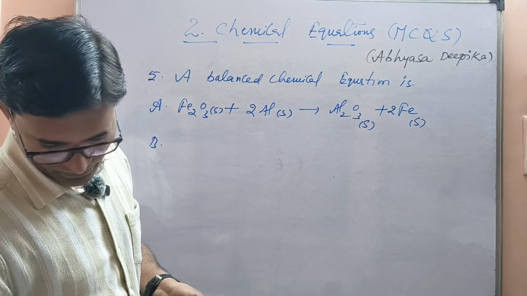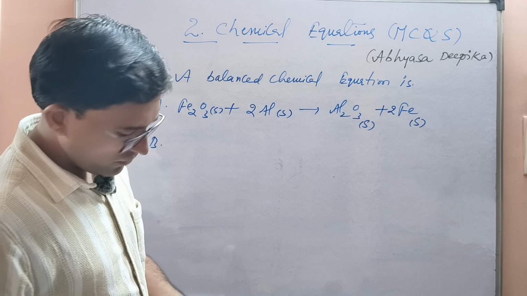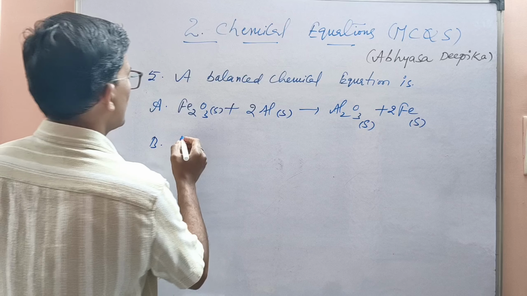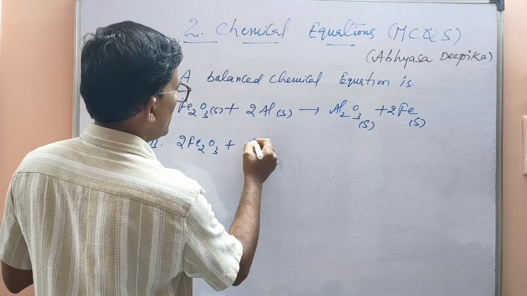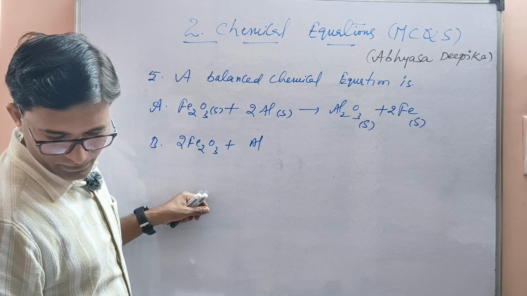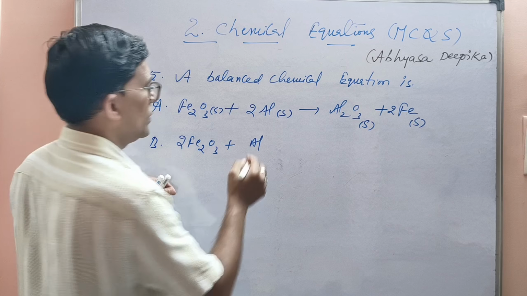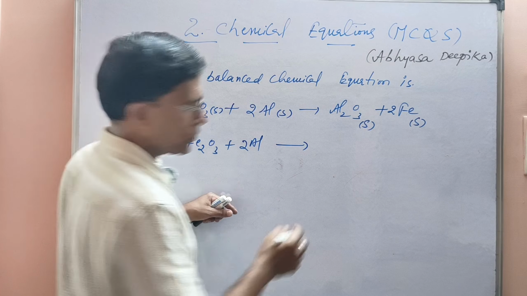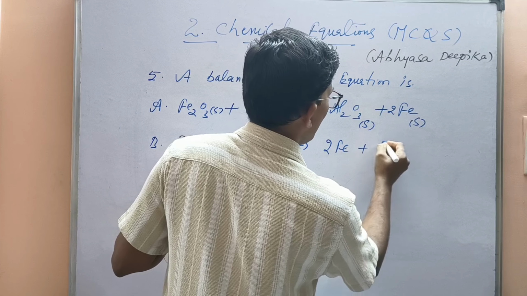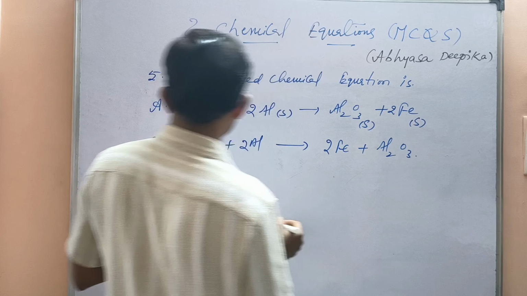Next one is B: 2Fe2O3 plus Al, second option, I am writing, 2Al gives rise to 2Fe plus Al2O3.